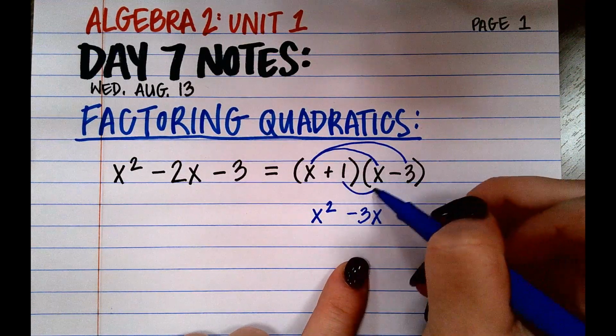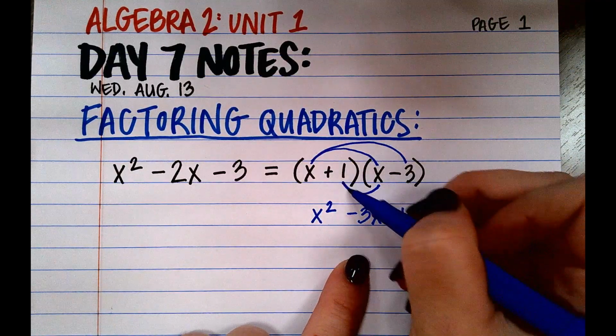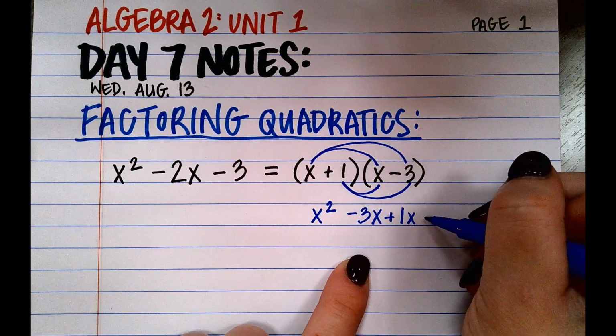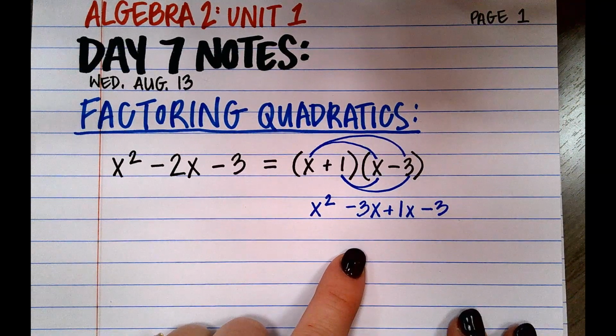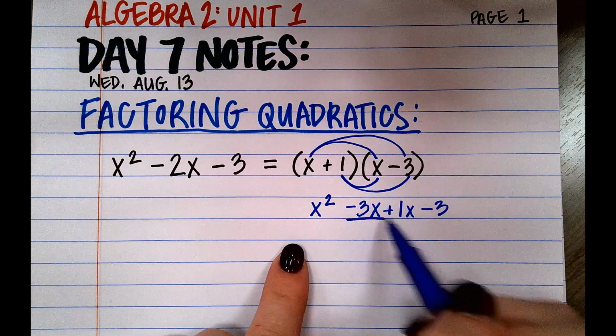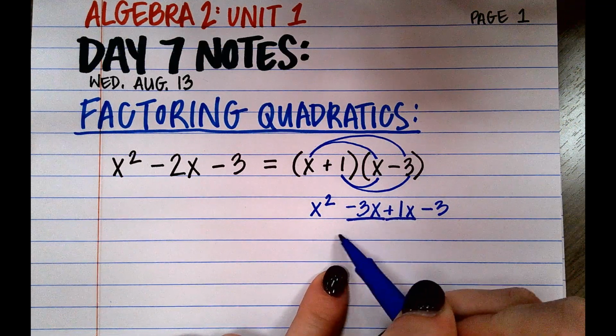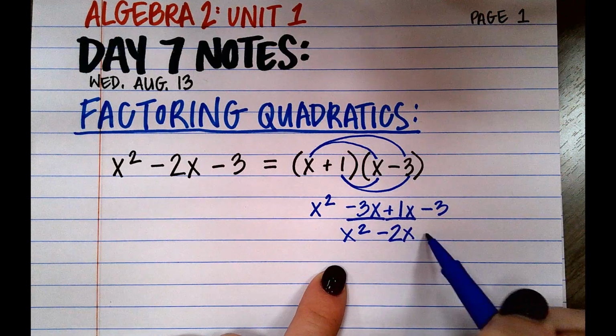And then 1 times x, so plus 1x. And then 1 times negative 3, which is negative 3. Okay. Then we'd combine like terms in the middle, and we'd get x squared minus 2x minus 3.